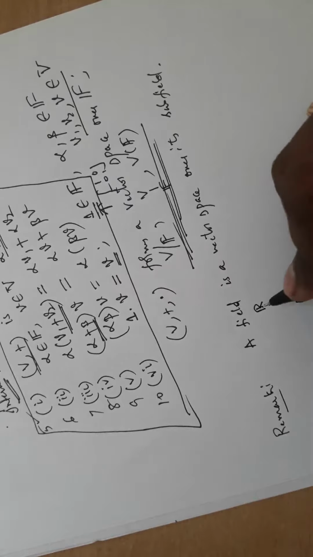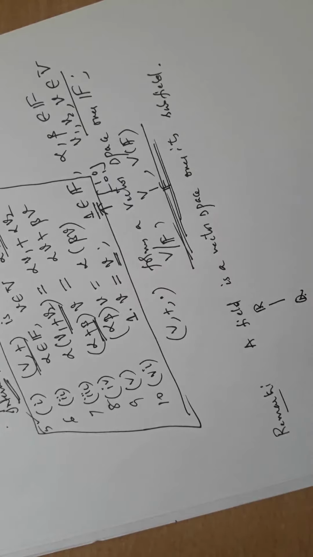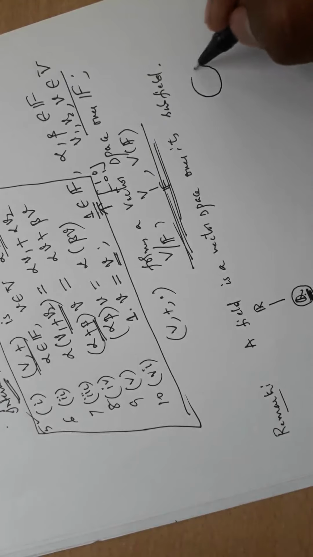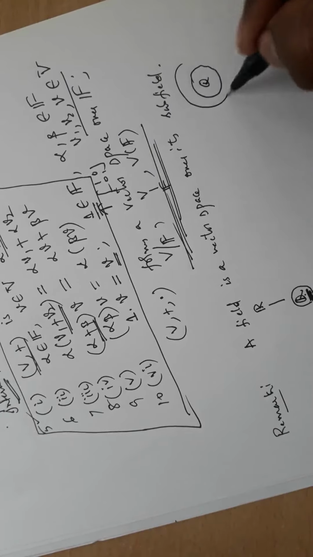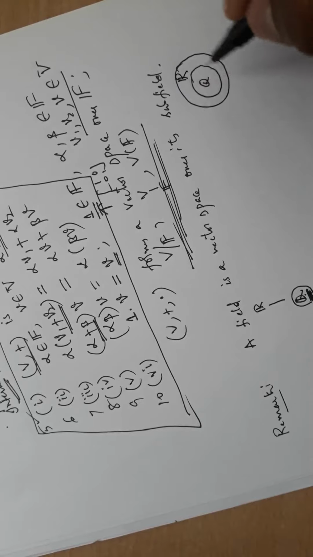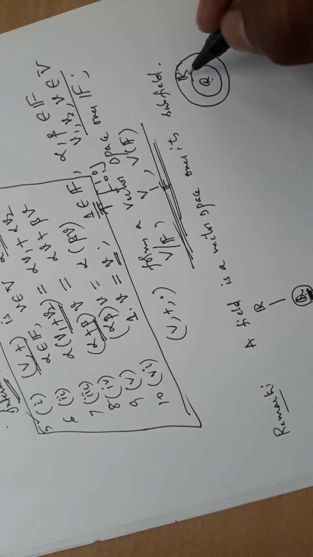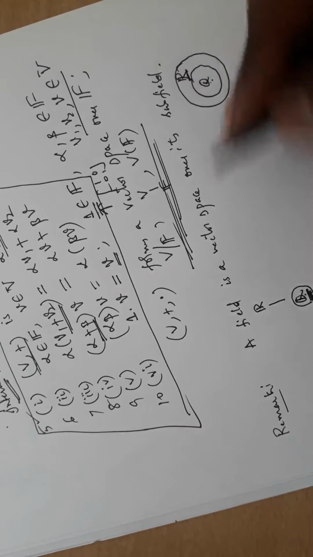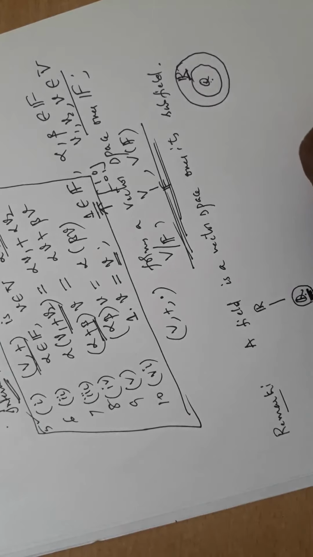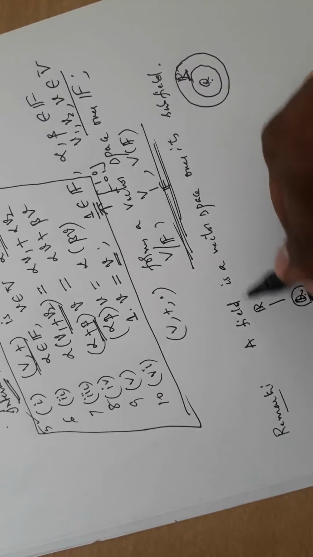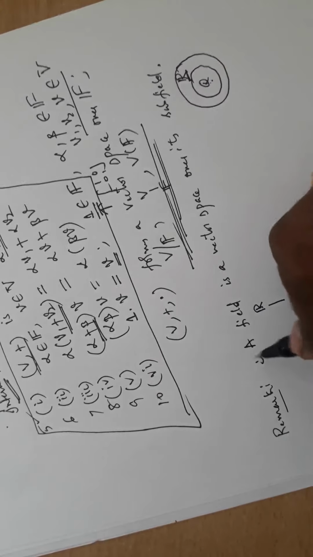So Q is a subfield of R. That means this is smaller. If you just consider the set of all rationals, the Venn diagram will look like this. So Q is contained in R. That means Q is a subfield of the field R. So R will form a vector space over its subfield. That is the remark 1 that we observed.